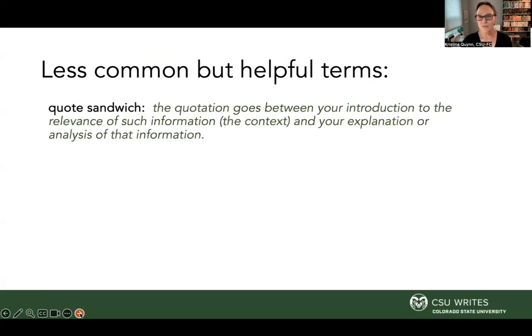Some terms that might also be helpful. Many of you may have already heard of something like the quote sandwich or the ICE method. This is where your quotation goes between however you're talking about it. When they say introduction, it's the introduction to the relevance of the information. Why is it important that you're going to be talking about this? And then your explanation or analysis of that.